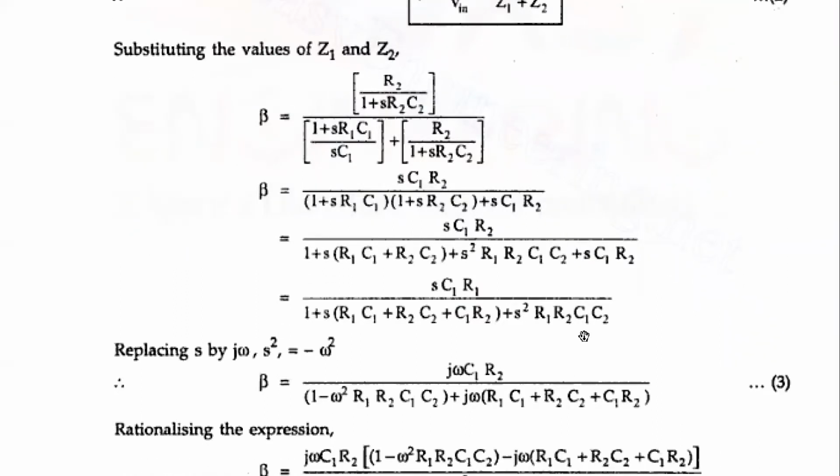Now we are writing this in proper form. One more S term is here, so again you can take S common for these: S times R1 C1 plus R2 C2 plus R2 C1. The S square term stays as it is.